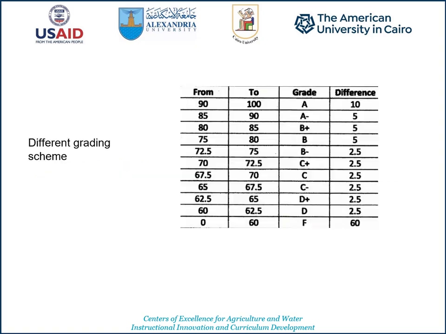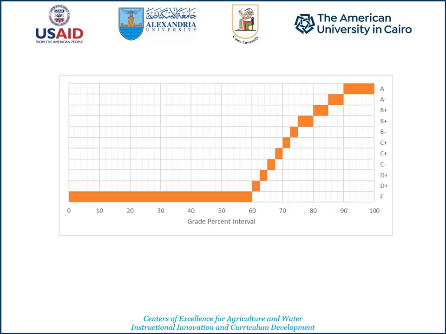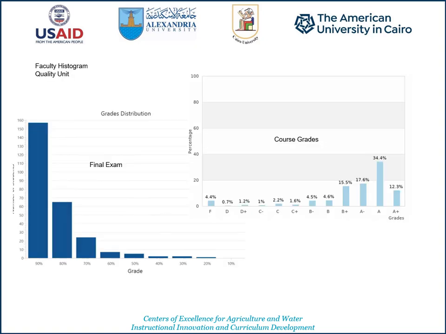A more intricate grading system is used at the Faculty of Engineering where I work, as you can see, and this is how the ranges of grades are specified. The faculty histogram produced by the quality unit produces 2 graphs, and both of them are correct.